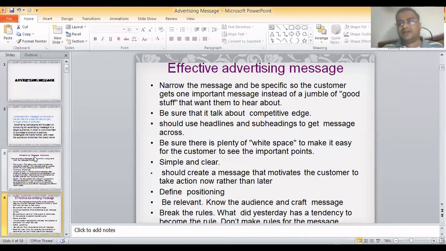Or likewise, for example, in fashion, your advertisement message is something which is out of fashion. There are many aspects to it. Basically, on all counts, your message should be relevant to the audience. And you have to look at it from the audience perspective as well.